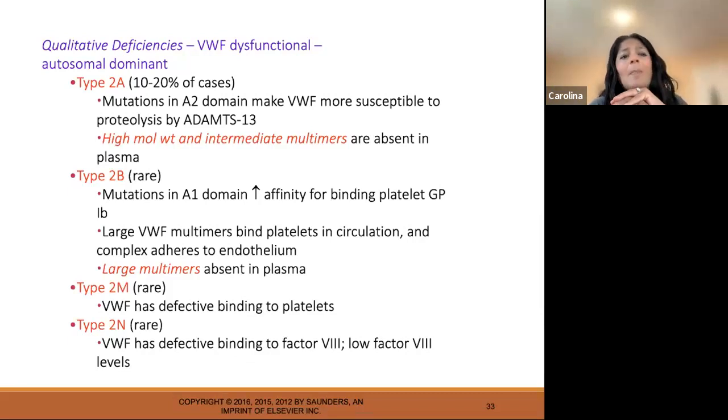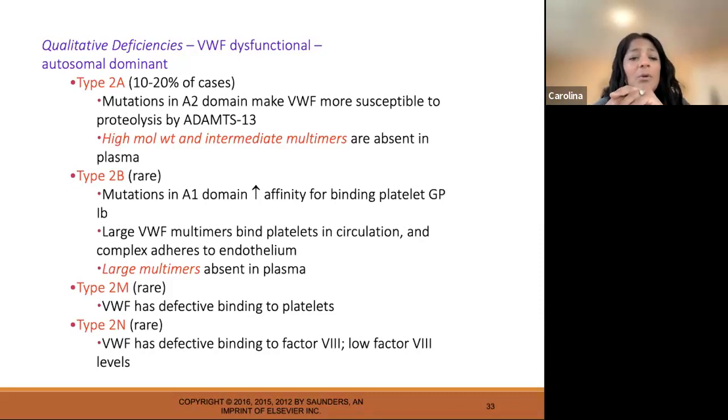So the high molecular weight and intermediate multimers are actually absent in the plasma in this particular type of von Willebrand disease. Type 2B is rare. You have mutations in the A1 domain with high affinity for binding glycoprotein 1B. Large multimers of von Willebrand's factor bind platelets in circulation, and these large complexes adhere to the endothelium.